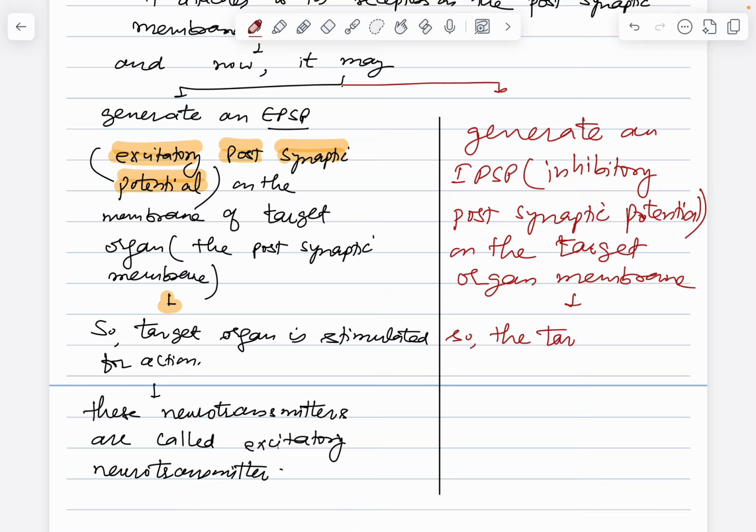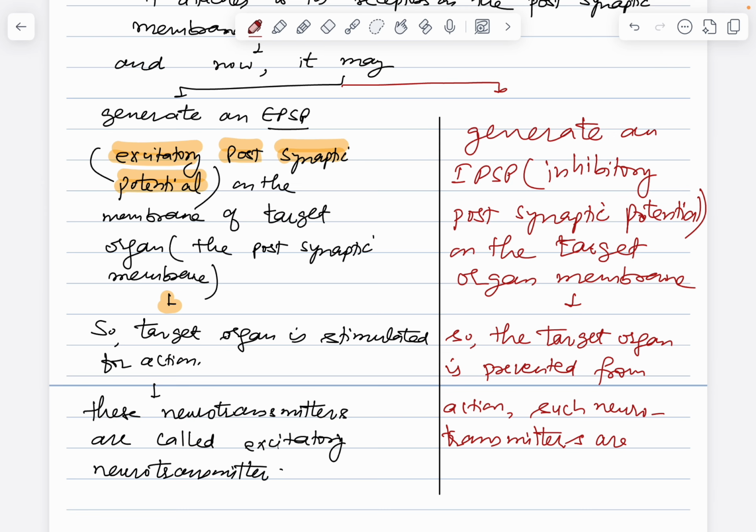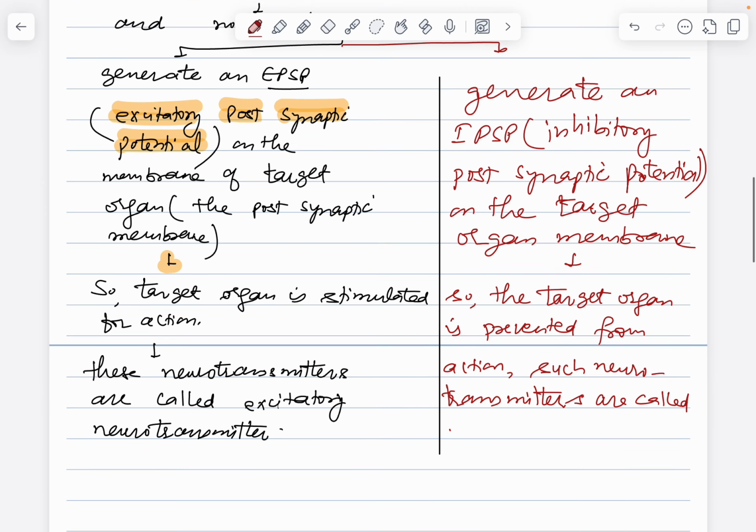So the target organ is prevented from acting. And such neurotransmitters are called inhibitory neurotransmitters. Because what they will do now is they are going to make it impossible or very difficult for the target organ to perform an action even if it gets an excitatory neurotransmitter.